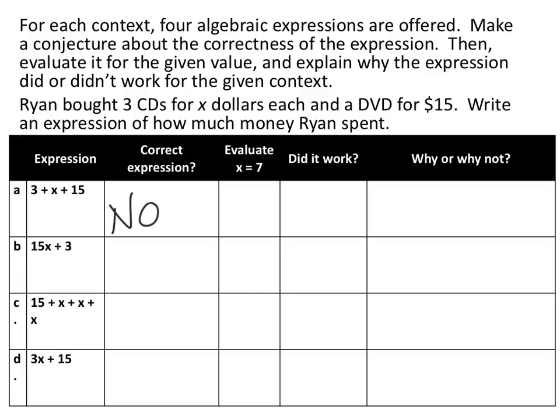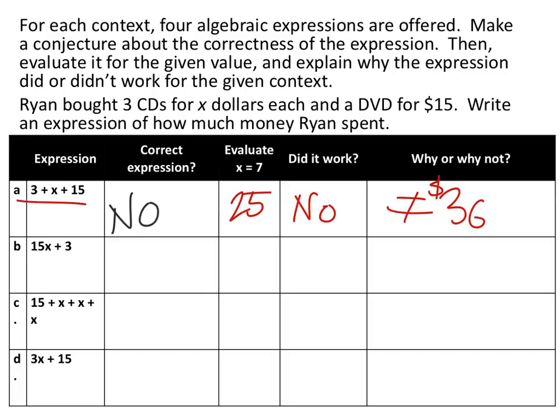Well, if that were the case, looking just at the problem, we can determine that the 3 CDs at $7 each would have been $21, plus the 15 would have put us at $36. However, when we solve this expression, we have 3 plus 7 plus 15, which is 25. So no, it did not work. It should have been $36. So it does not equal $36.